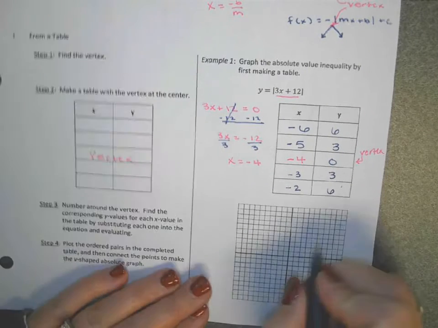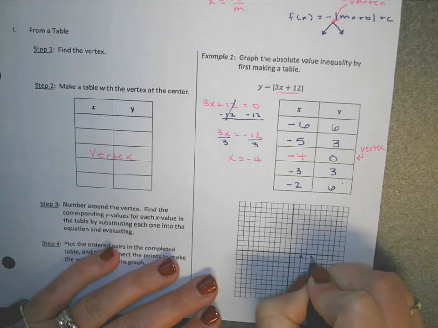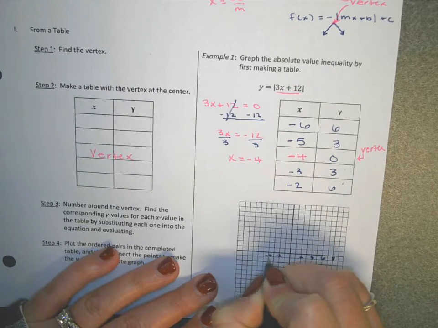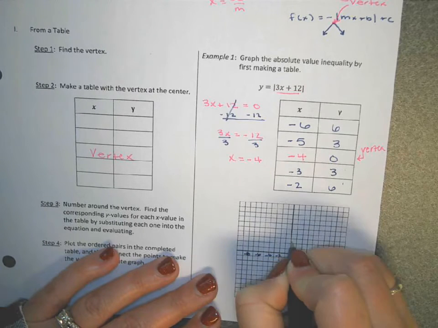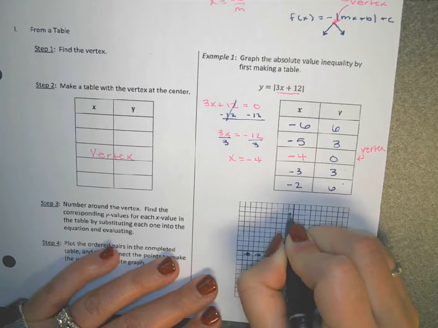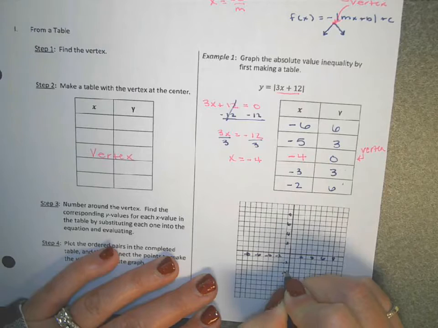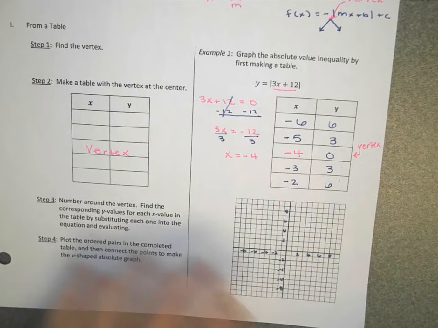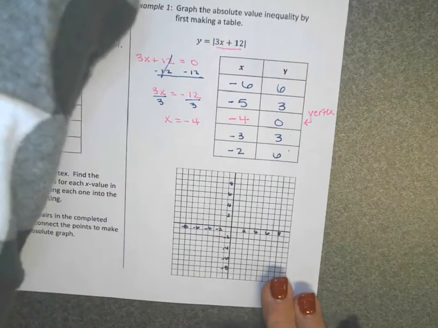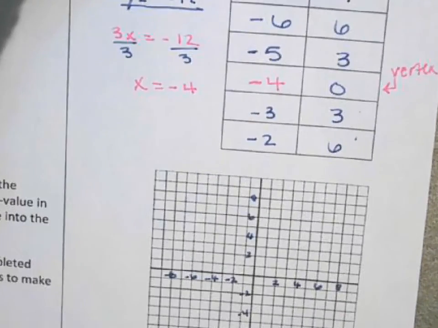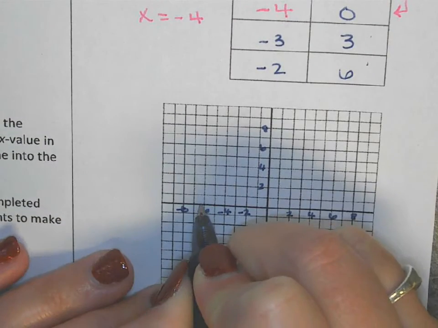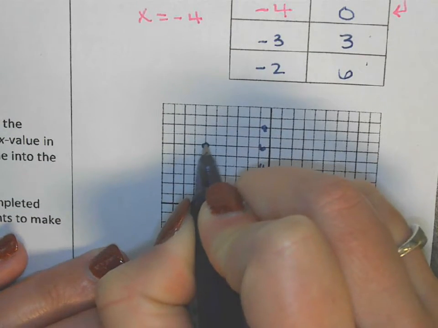So we're going to put some scales on here. So there's 2, 4, 6, 8, negative 2, negative 4, negative 6, negative 8, on both axes. All right, now that I have scales on my graph, I'm going to plot these points. Negative 6, 6 goes to the left 6, up 6, and that's a point.